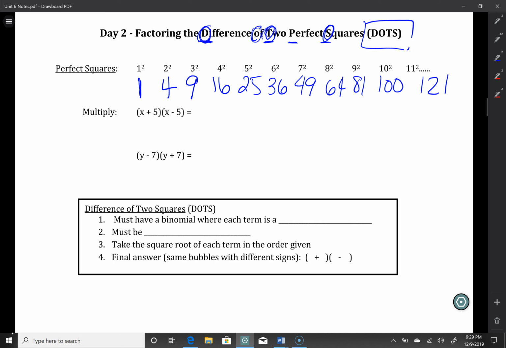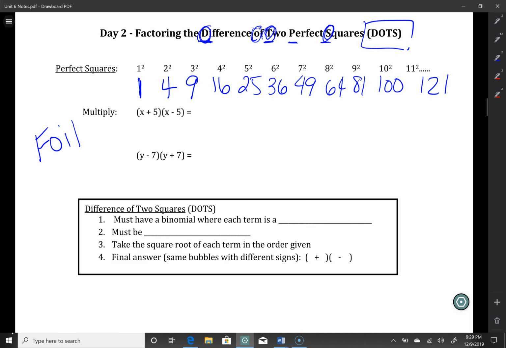So what are we factoring today? Well, we are starting the reverse of foiling. Remember when we learned foiling? FOIL, again, is an acronym, and it helps us remember the order to multiply a binomial times a binomial.